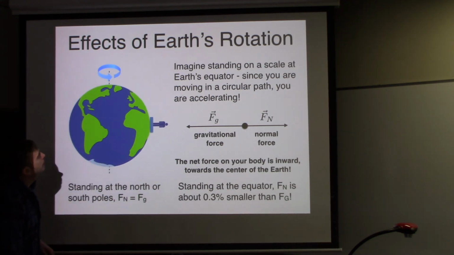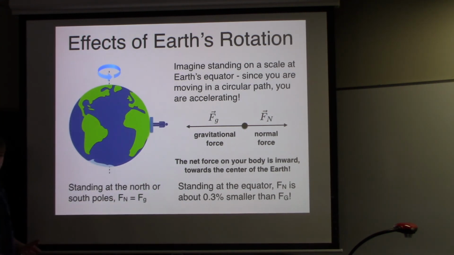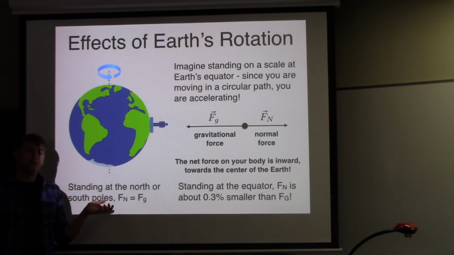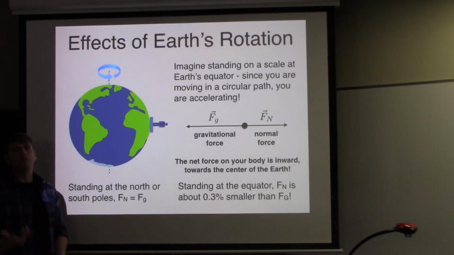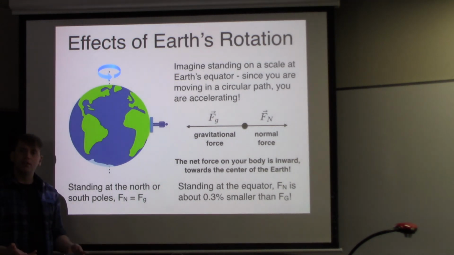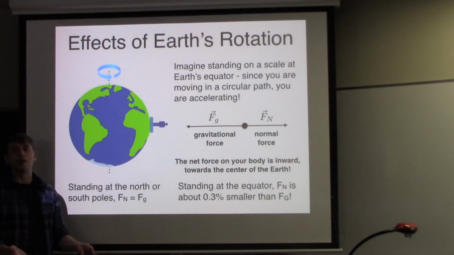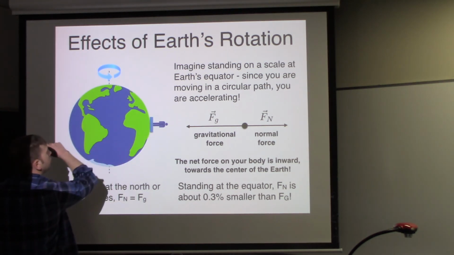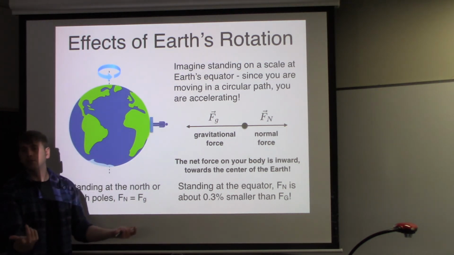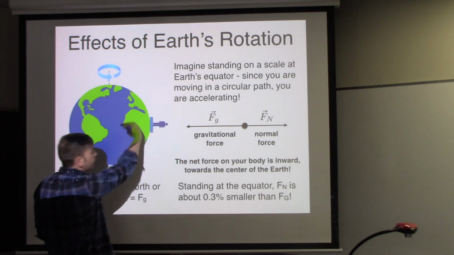Typically you would say, well, I'm not moving, I don't feel like I'm moving, but in fact, you're moving in a circle because you're on the rotating Earth, which means you are accelerating. Anything moving in a circle must be accelerating. In which direction? Well, towards the center of that circle.